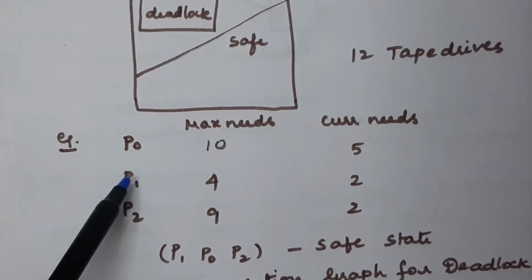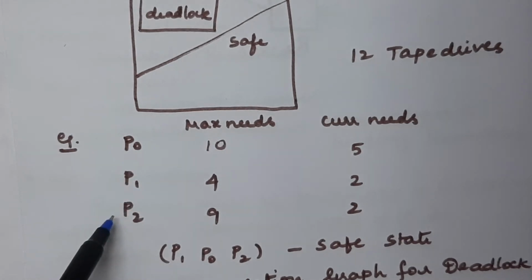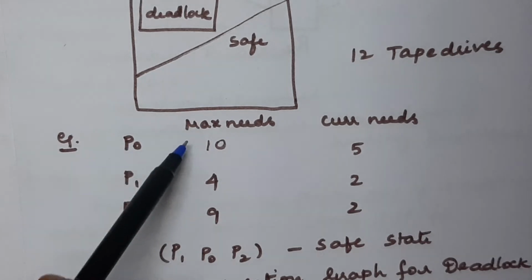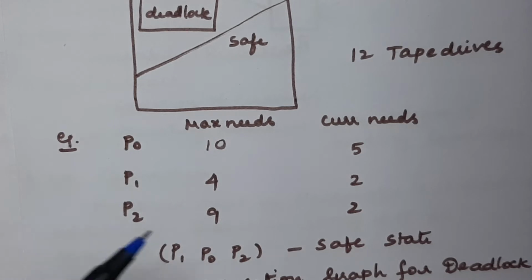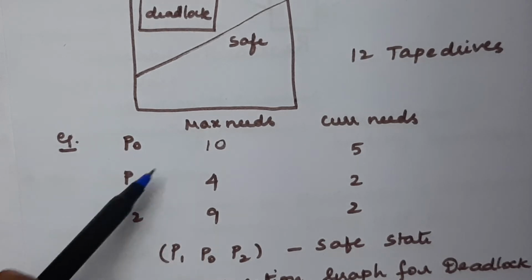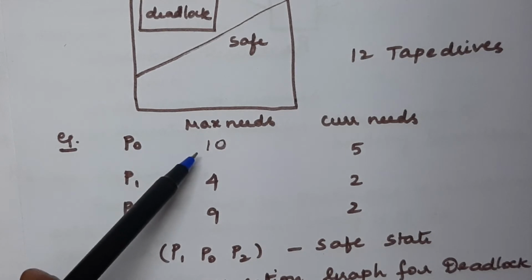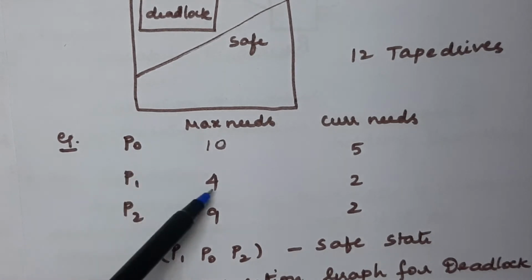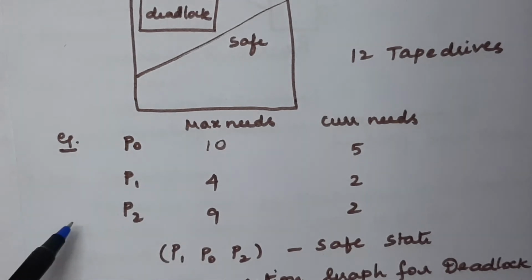Now, let us take one example. Here we have three processes P0, P1 and P2, and their maximum needs, which are the total number of resources each needs to perform its entire task. The maximum needs are 10 for process P0, 4 for process P1, and 9 for process P2.